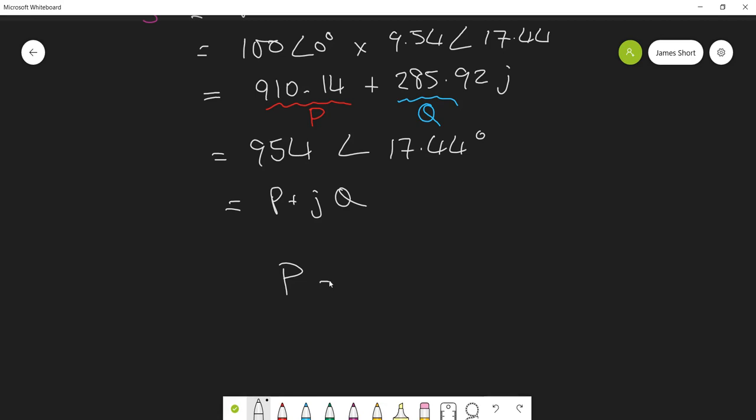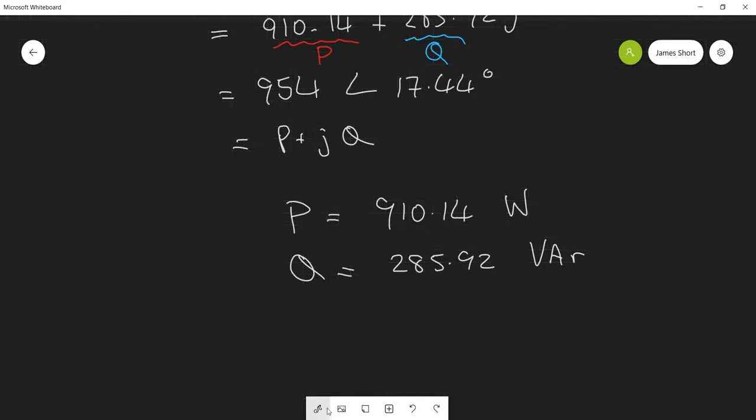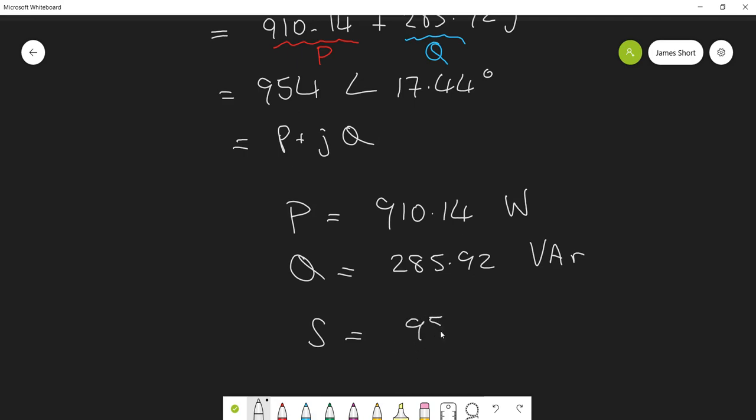We could say P is equal to 910.14 watts. The reactive power is 285.92 volt-ampere reactive, and S is a combination of those both. So the magnitude of S is 954, at an angle of 17.44, in VA.